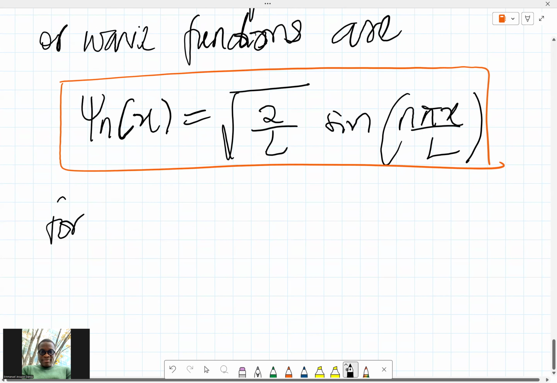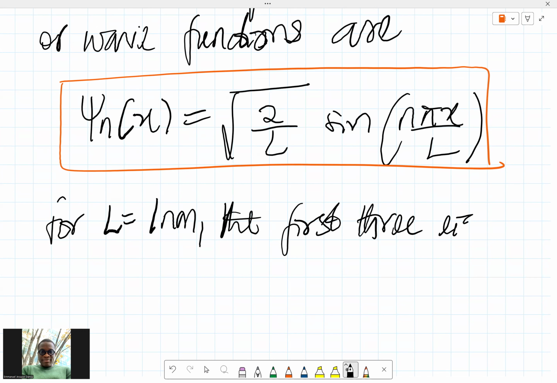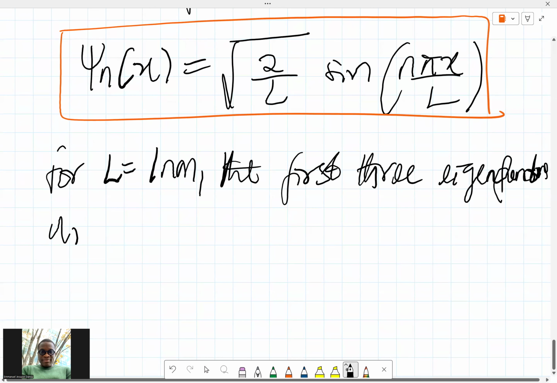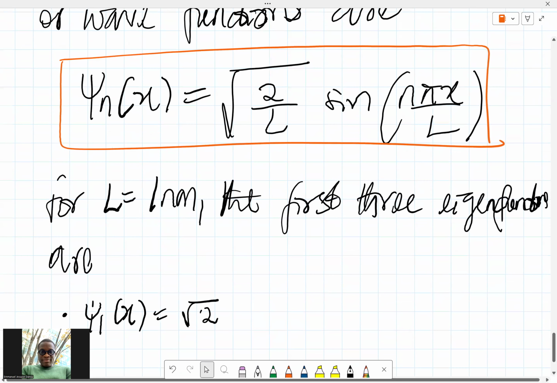For the length of 1 nanometer, the first three eigenfunctions are phi 1 of x, that is root 2 over L, the nanometer, and all that.